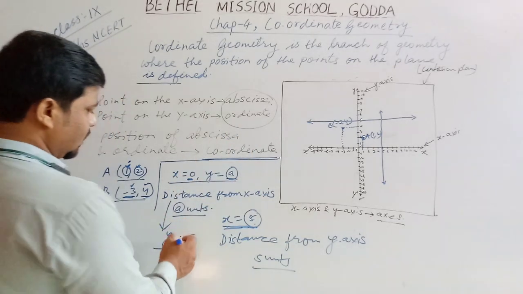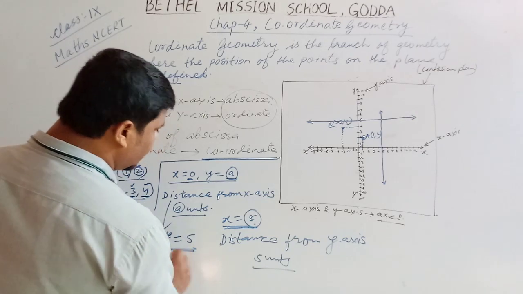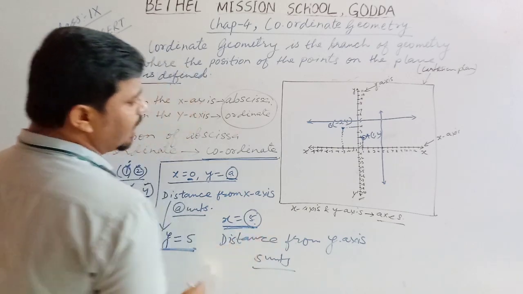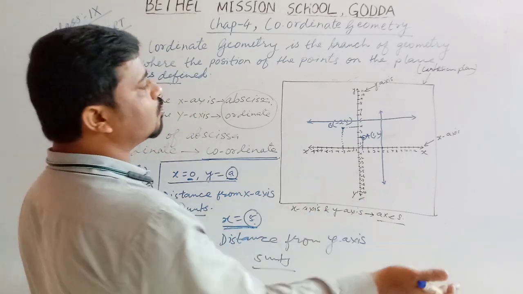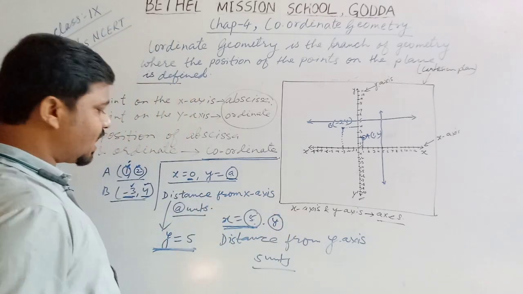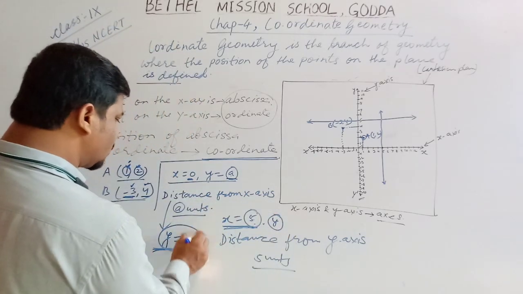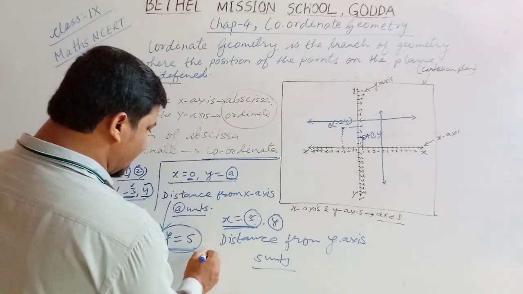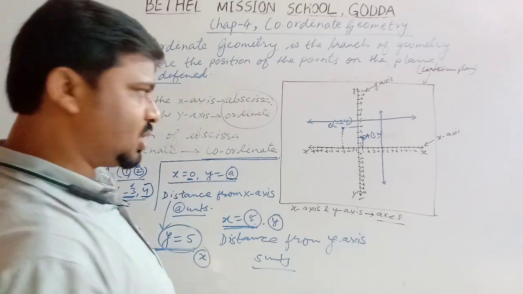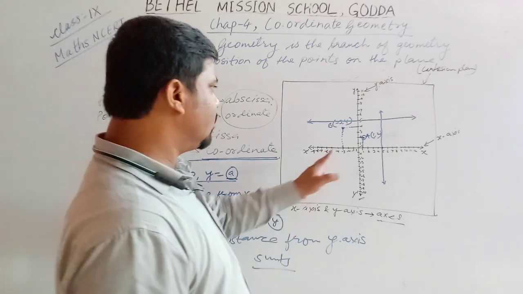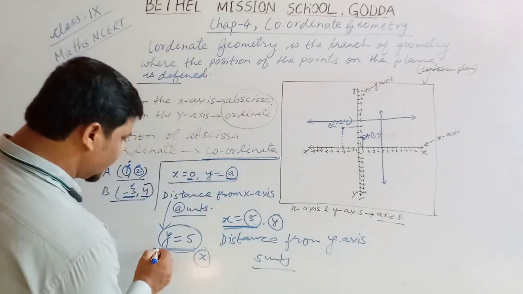Now, which axis will the line be parallel to? If x equals 5, the line will be parallel to the other axis, the y-axis. If y equals something other than 0, the line will be parallel to the x-axis. You have to remember, it is just the opposite. Once again, I am going to repeat.